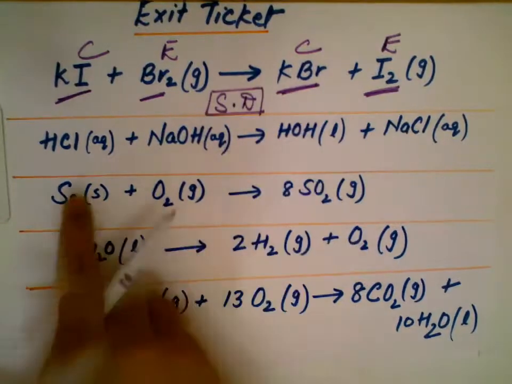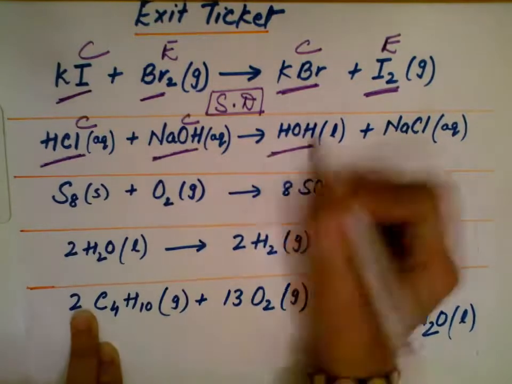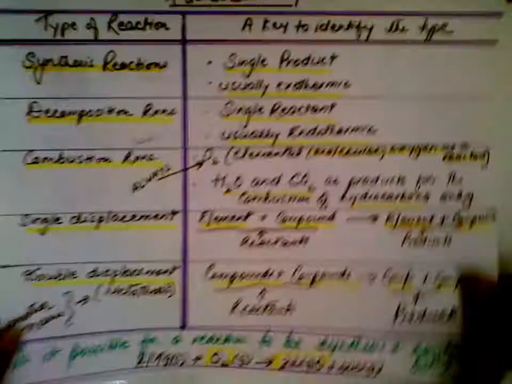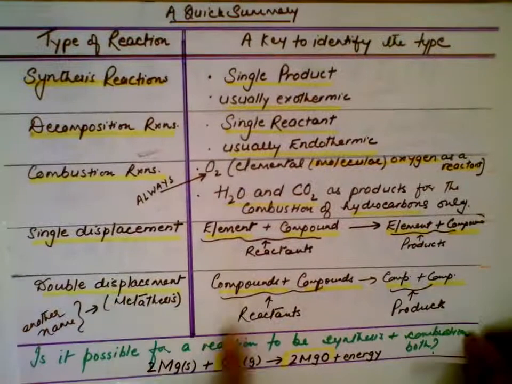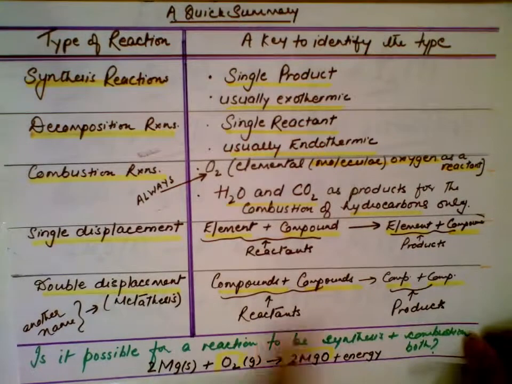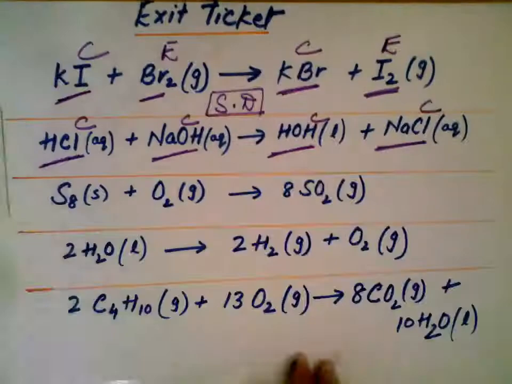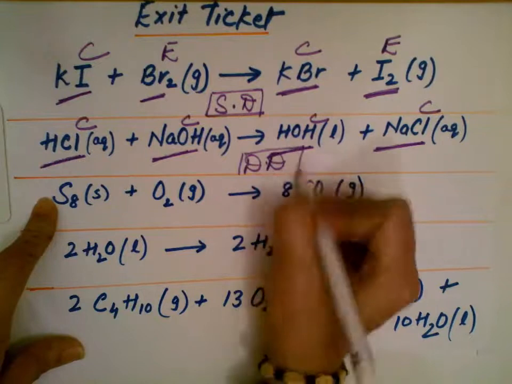Now this one here: a compound, a compound, a compound, a compound. So we again refer back to our summary chart. Double displacement has both compounds on the left side and both compounds on the right side. So this is our double displacement reaction.